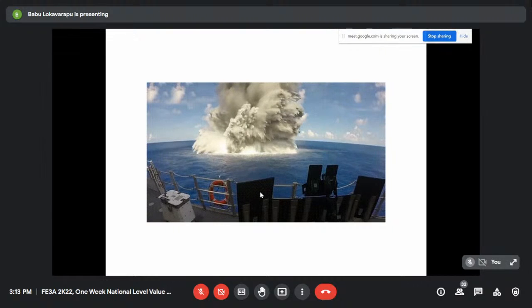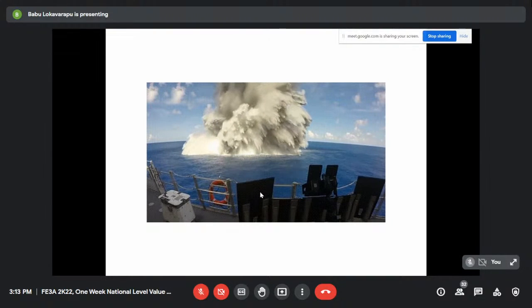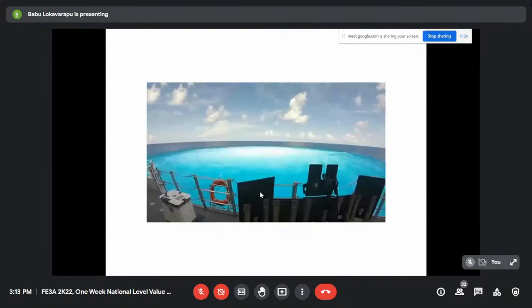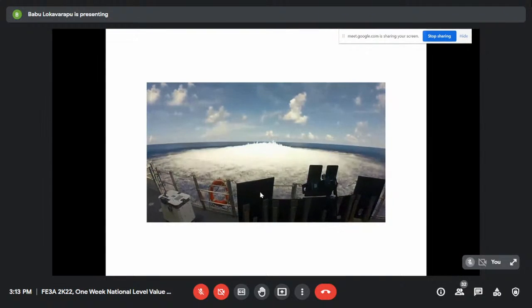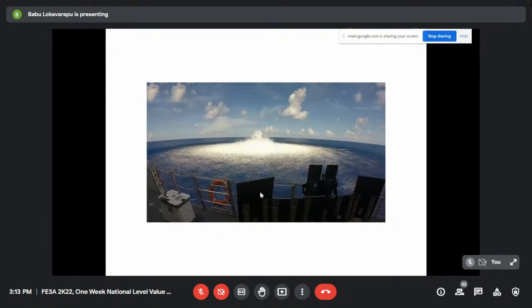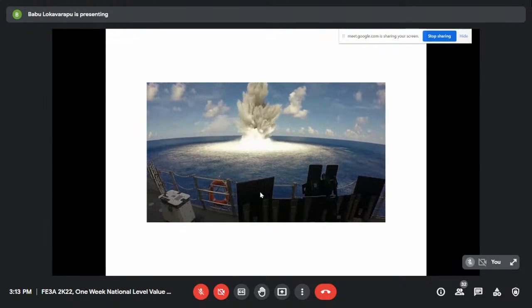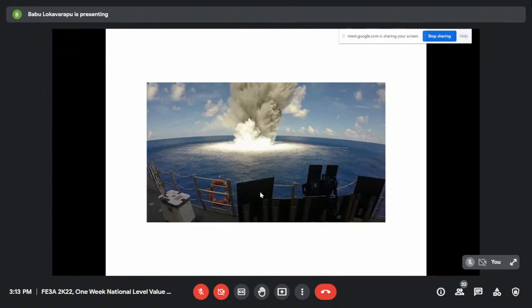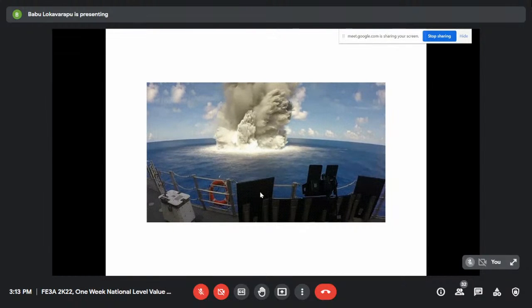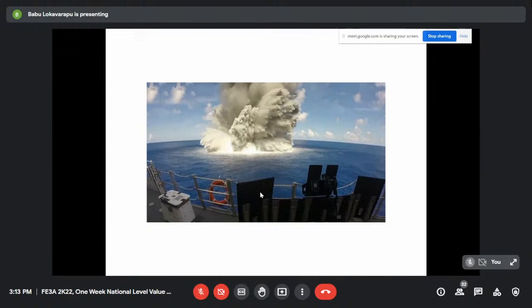In the same way, the propagation will be there in other directions also, horizontal and into the depth. We can also see the severity of this effect, maybe vibration and shock, if it is the near field. If you're away from this, you can sense it, but the effect is not that severe. This is the explosion underwater.